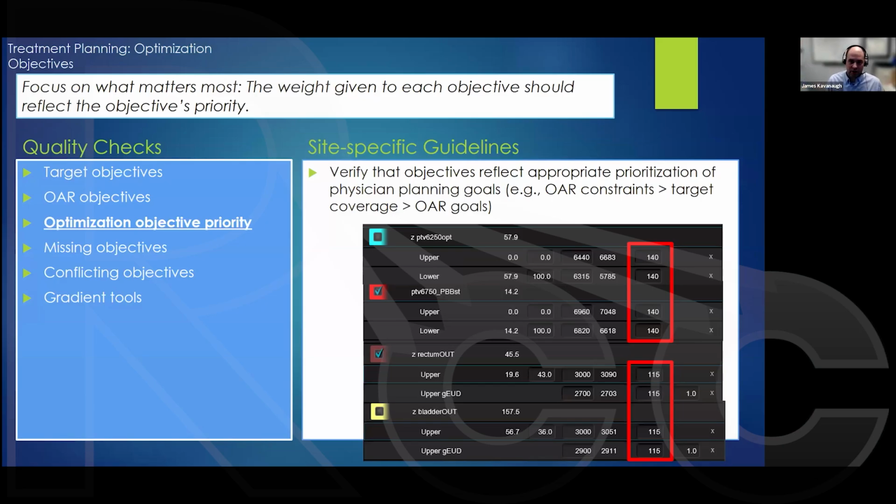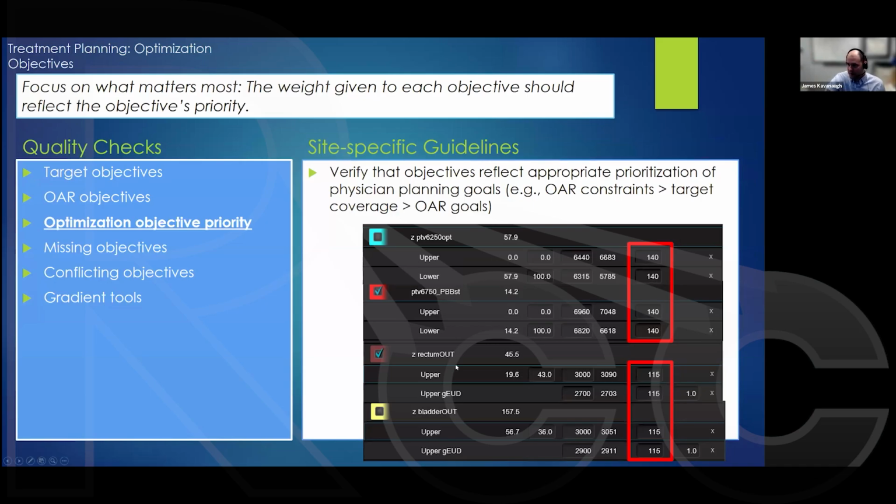Your target coverage is the second ranked category, and then your OAR goals. This may be either volumetric goals for specific parallel structures, or maybe a lower max dose to some of those parallel structures that you'd like to have. You're going to get those if the others allow you to. And then you make sure that your prioritizations are weighted somewhat appropriately.